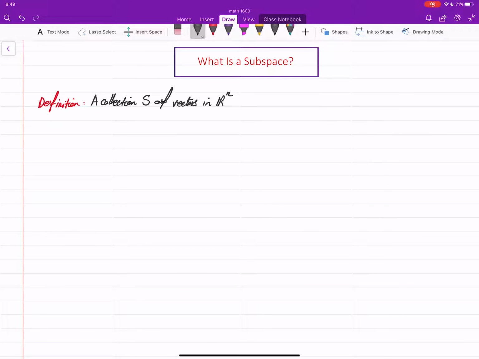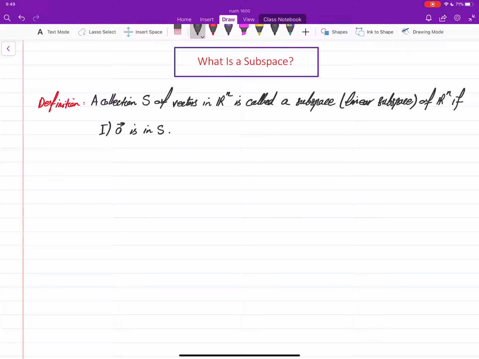The collection is called a subspace or linear subspace, sometimes people call it linear subspace, of Rn if it satisfies these conditions. First of all, the zero vector is in S. Whatever else you have, just forget those ones, but zero should be there.